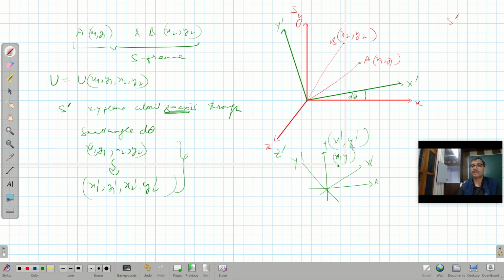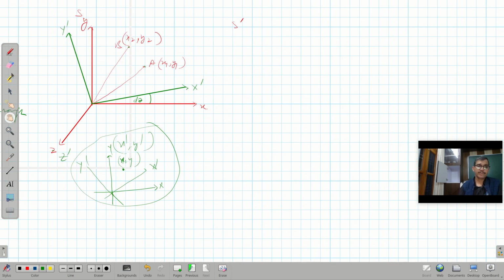In another frame of reference this is represented by x prime and y prime. So how are these related, as we have discussed in the earlier lecture? Let me discuss this. First of all, x prime is equal to x cos theta plus y sin theta, and similarly y prime is represented by minus x sin theta plus y cos theta.